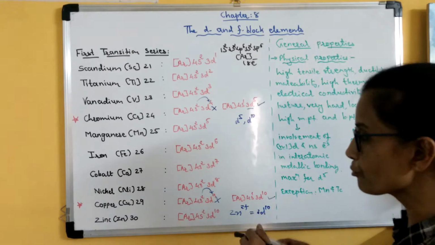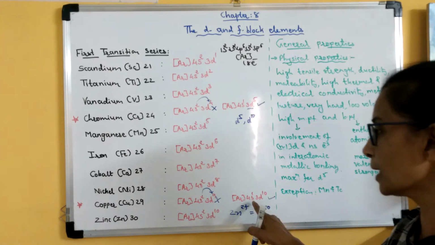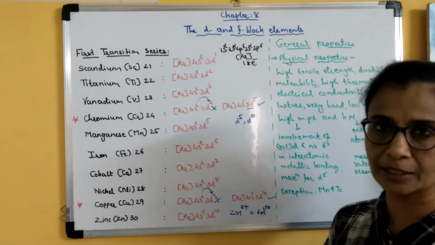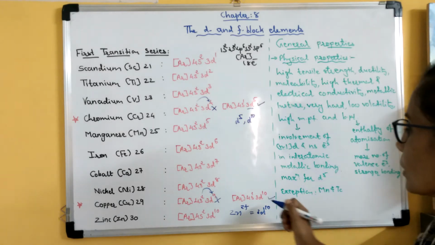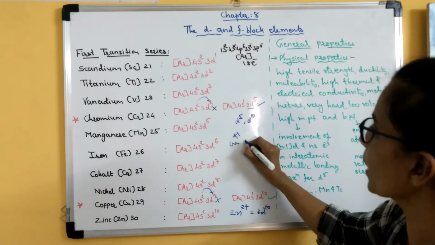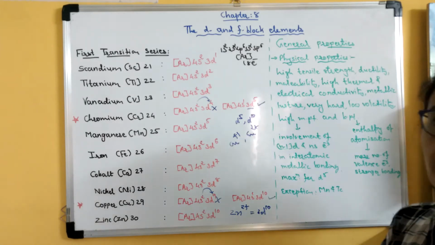But in the definition of transition element we have seen that either the atom or its most common ion should contain incomplete d orbital. So here copper has two possible ions, Cu+1 and Cu+2, cuprous and cupric ions.